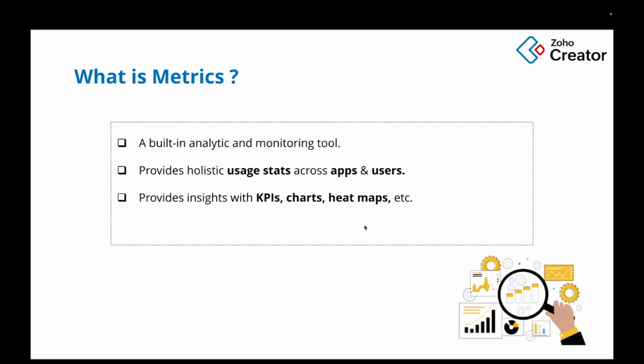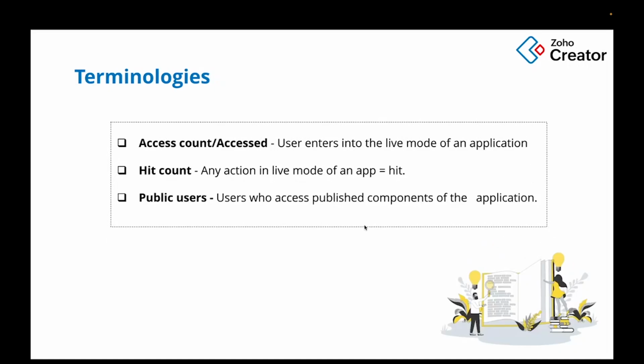Before using metrics, there are a few terminologies that you need to get familiarized with. We have something called access count, or accessed. This is the moment the user enters the live mode of an application; that is counted as an access count. Then we have the hit count. Any action that the user performs within the live mode of an application is counted as a hit count.